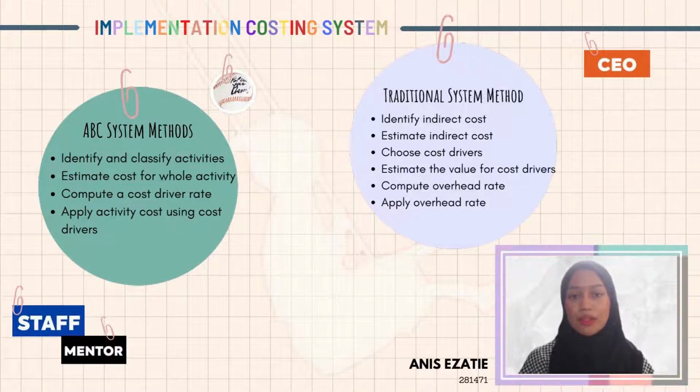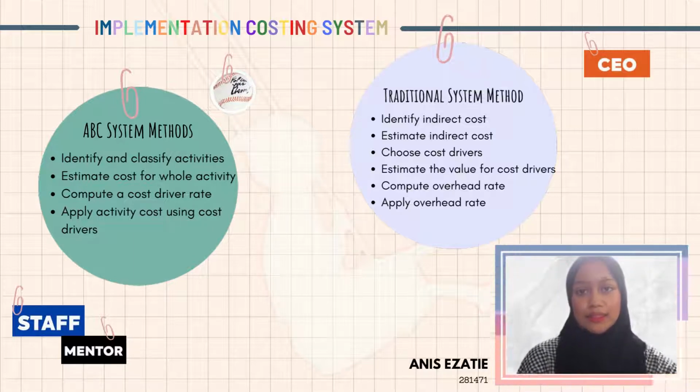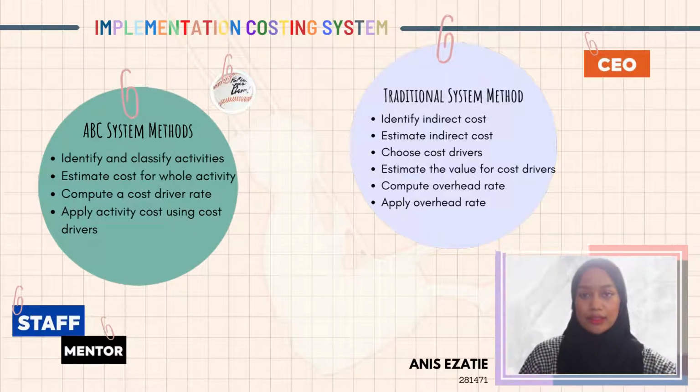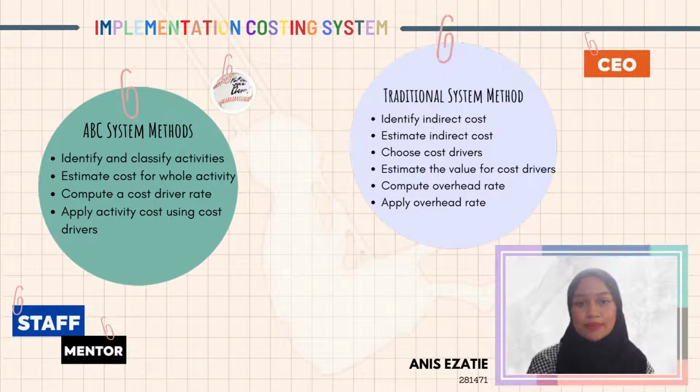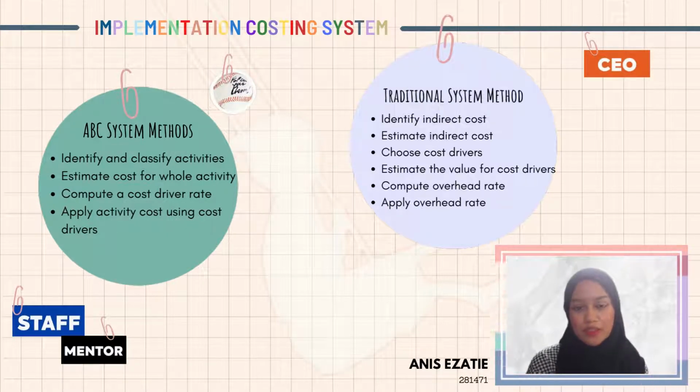The second step of traditional system is to estimate indirect costs. The third step is to choose cost drivers, and then the fourth step is to estimate the value for cost drivers. The fifth step is to compute overhead rate, and the last step is to apply the overhead rate.